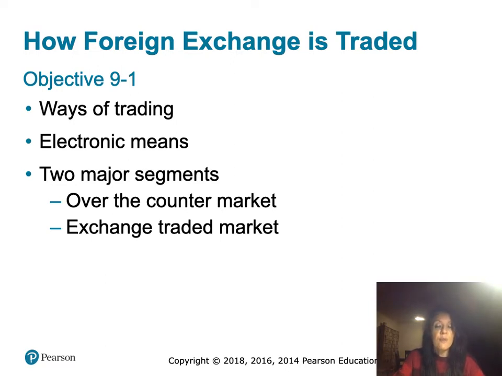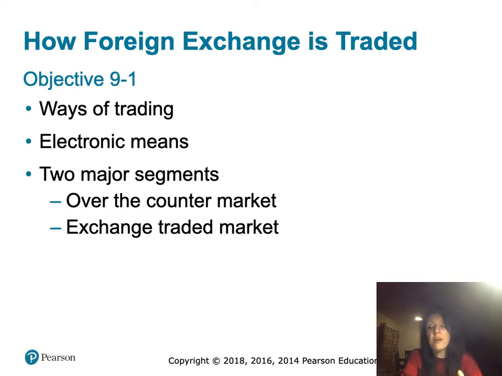The foreign exchange market has two major segments, as you can see on the slide here: the over-the-counter market and the exchange traded market. It has two major segments, OTC and ETM. The OTC market is composed of commercial banks, as just described, investment banks, and other financial institutions.